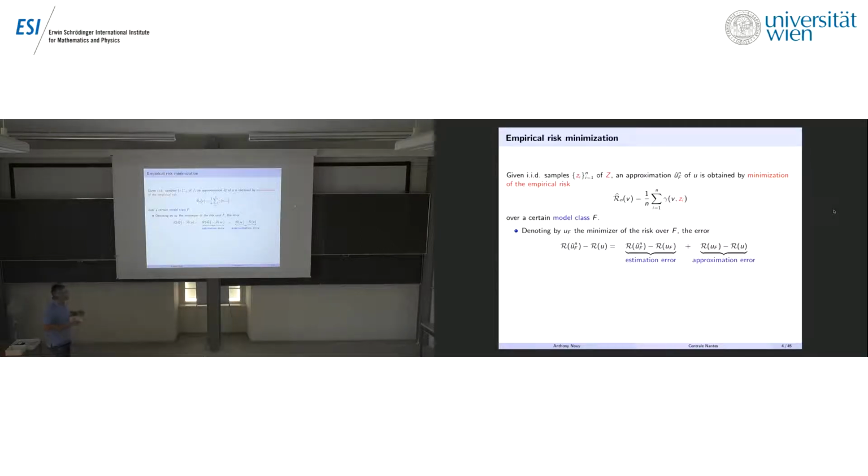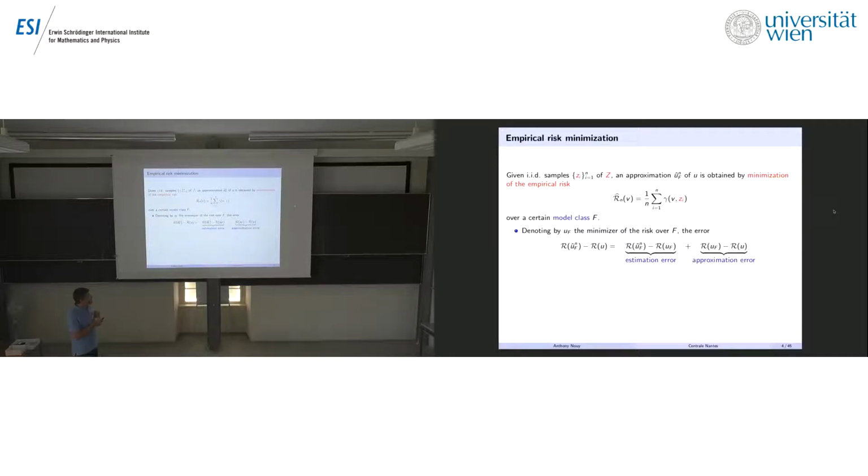Well, now coming to the practice, what we do. What we have is a collection of samples of the random variable z, and then an approximation is in practice obtained by minimizing an estimation of the risk, which is no more than the statistical estimation of the risk, given the samples. And this minimization is performed over a certain model class of moderate complexity. If you denote by u_F the minimizer of the true risk over the class F, usually we split the error into two parts.